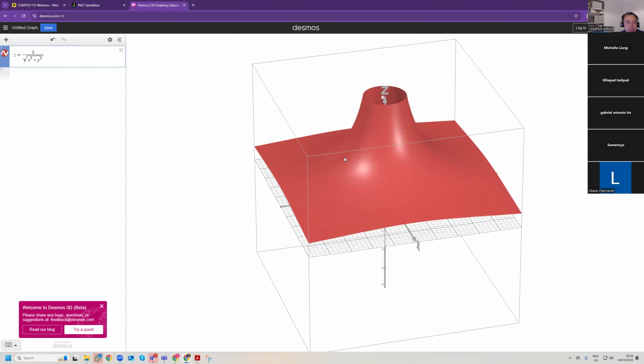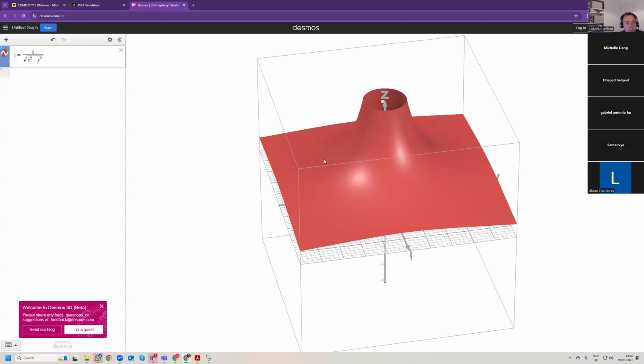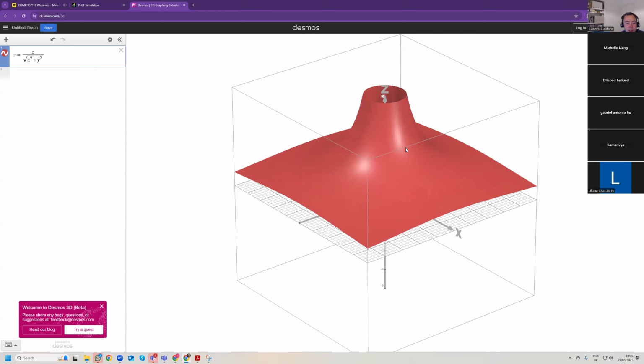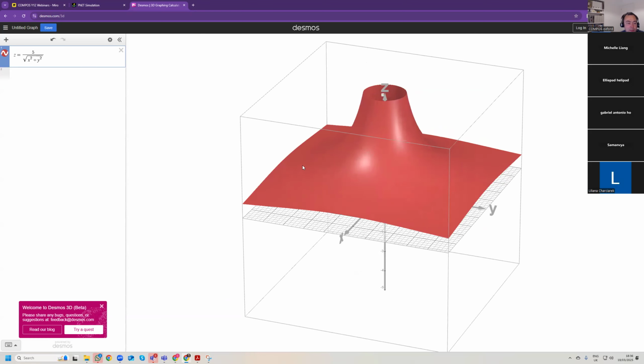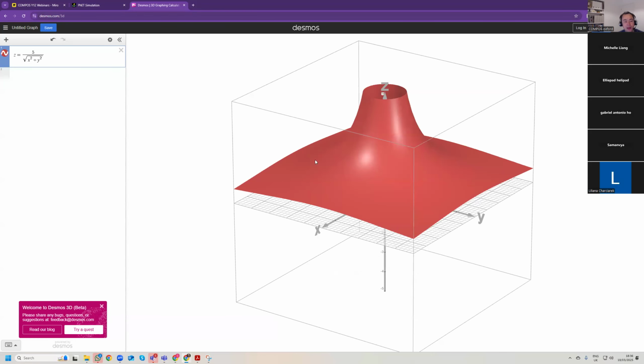So the Z is the potential. The closer you are to the point, the more potential energy you have.